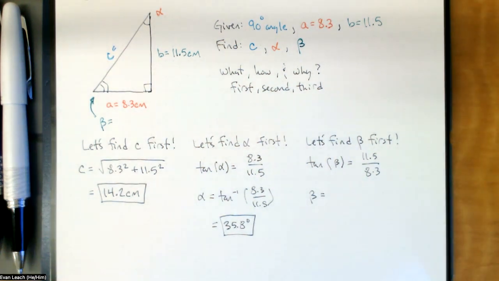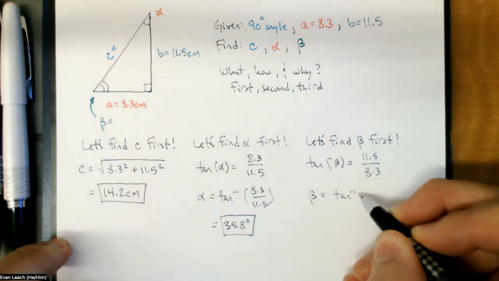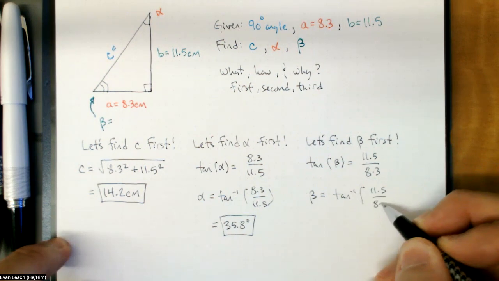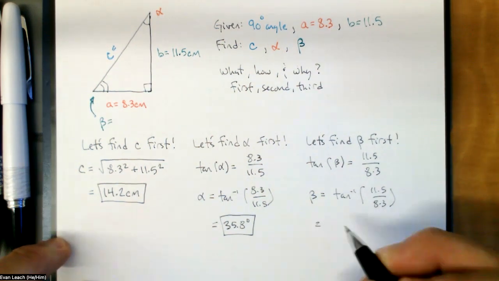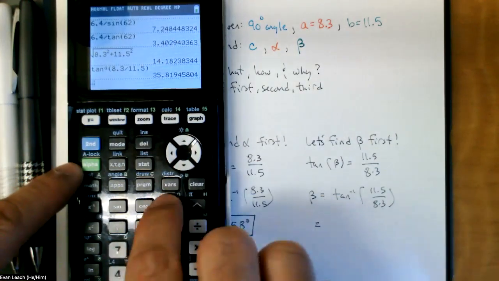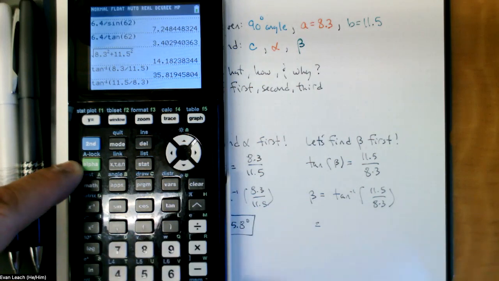So, like y'all just told me, to find an angle, we use tangent inverse. Well, in general, we use inverse trig functions. Tangent inverse of 11.5 divided by 8.3.